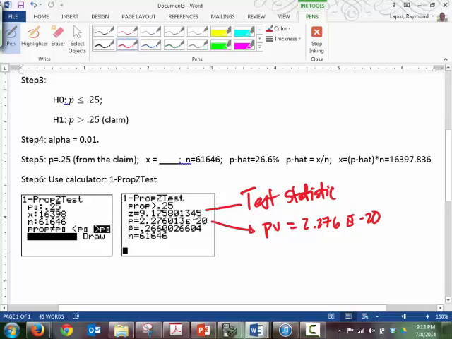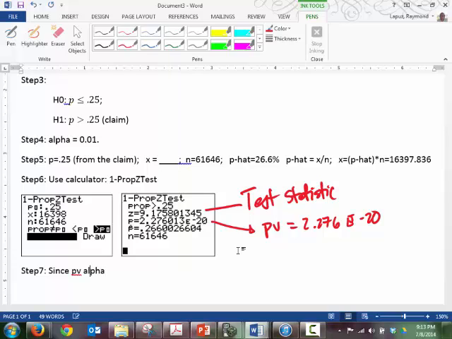And with something like this, it's small. So in our decision step, since PV is what compared to alpha? It's less than, right? This is very close to 0.